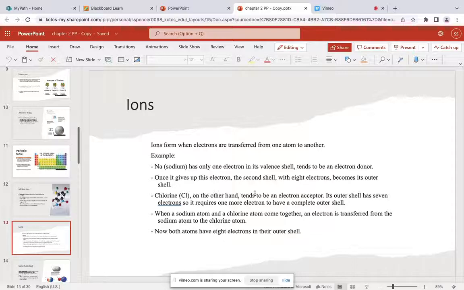We know that we can have different variations of isotopes, and an isotope always has the same number of protons. We gave the example of carbon having an atomic number of 6, and then having different numbers of neutrons, which is what makes it an isotope. And then we talked about what makes up a molecule.